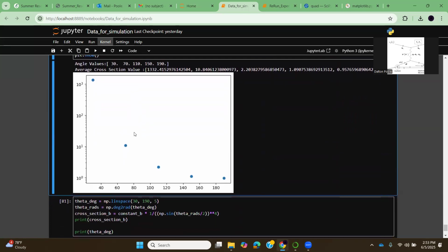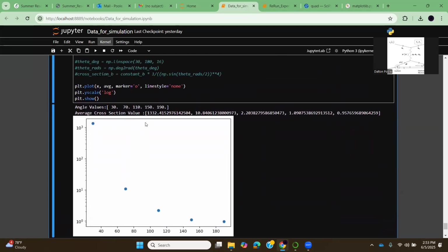Yeah. So what this is doing now is it's giving me the cross section value at 30 degrees, the average cross section value at 30, 70, 110, 150, which are the ones I'm going to pull. So I don't actually need the 190. I'm just going to disregard it. I just need these first 4 inputs in my array. And that should be good enough for me to get what I need.